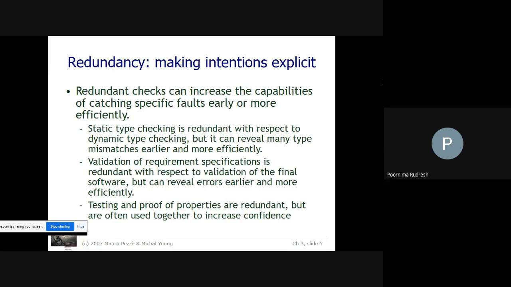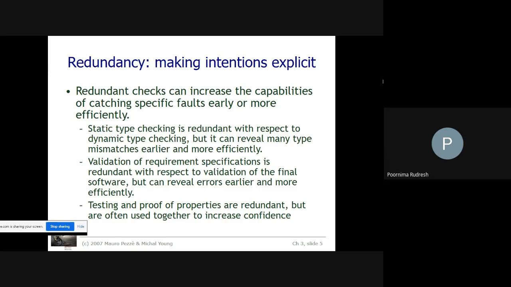So here we are validating the requirement specification along with the implemented software. If they are not redundant, meaning the software is giving different output that is not meeting the requirement specification, then we have to detect the errors earlier, and those errors should be detected in an efficient manner.